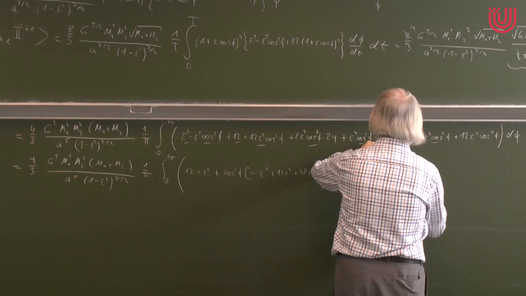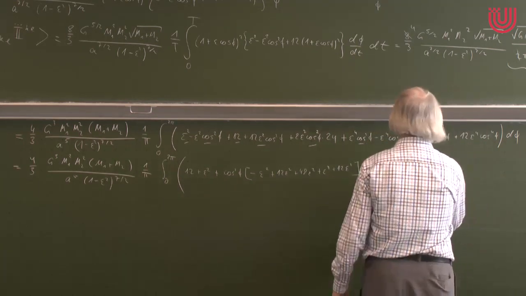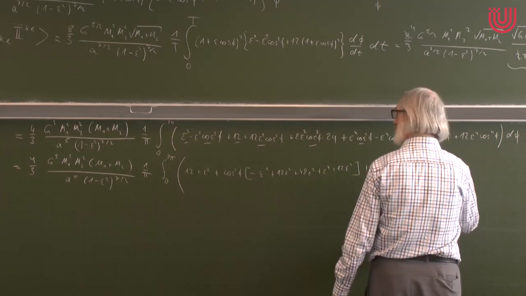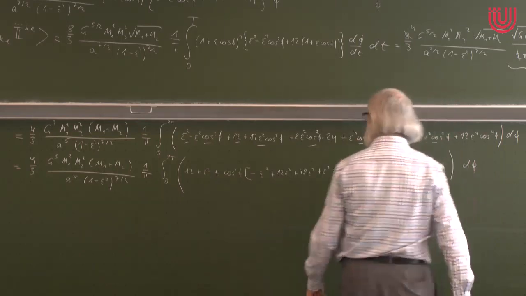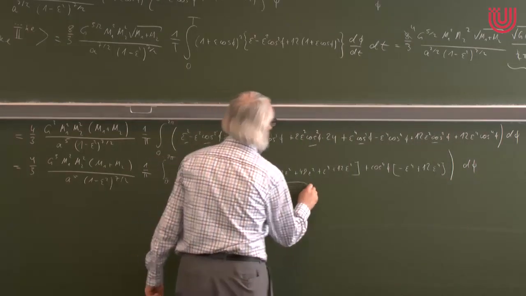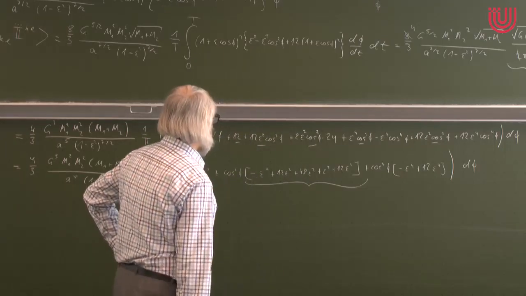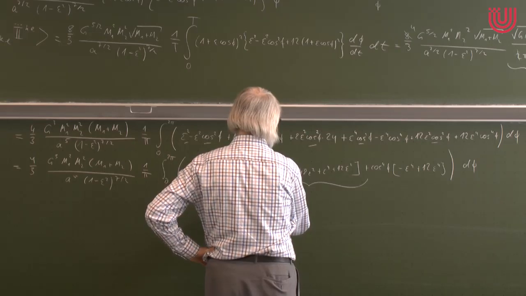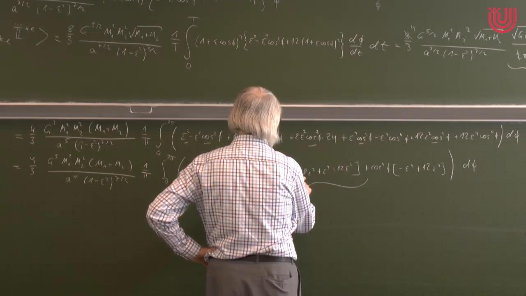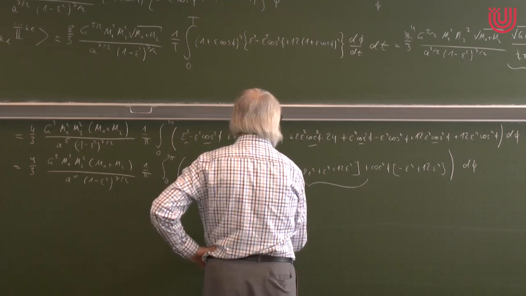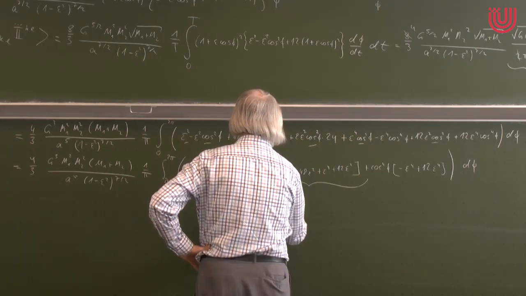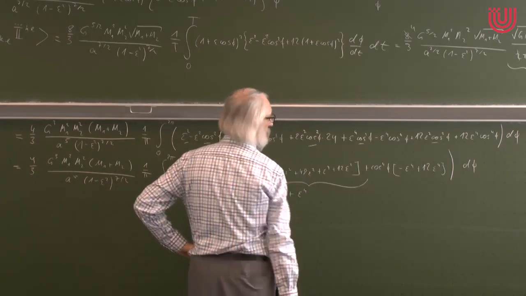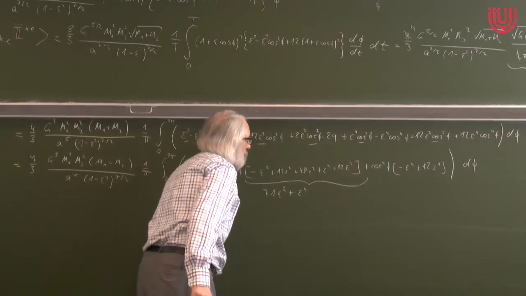Minus epsilon to the 4 plus 12 epsilon to the 4. d phi. So let's see what I have in the square brackets. 12 plus 12 is 24. That's 72, 71. 71 epsilon squared, and then this term plus epsilon to the 4, and that's it.